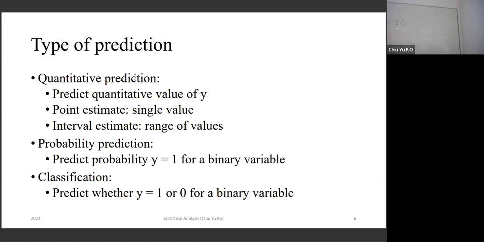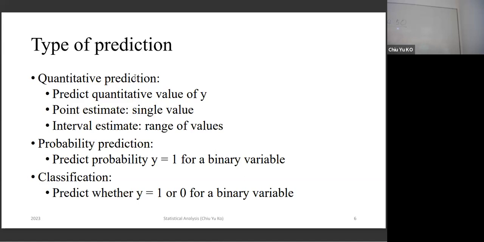Classification, on the other hand, is usually called a prediction model. I don't really care about the probability, or whether it's 1 or 0. I'm not interested in probability. Just tell me whether it's 1 or 0. Tell me this guy is going to buy or not buy. Don't give me that he's buying with probability 0.8.